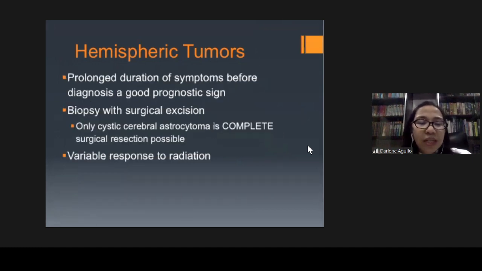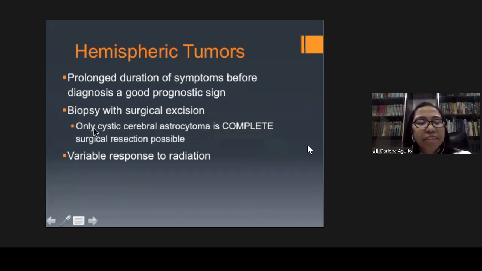So in general, prolonged duration of symptoms before diagnosis is a good prognostic sign. Ibig sabihin, benign lang siya. Sobrang tagal niyang tumubo. Pag mas mabilis, shorter yung duration ng symptom, mas nakakatakot, no? So mas malignant. Biopsy with surgical excision is usually successful.